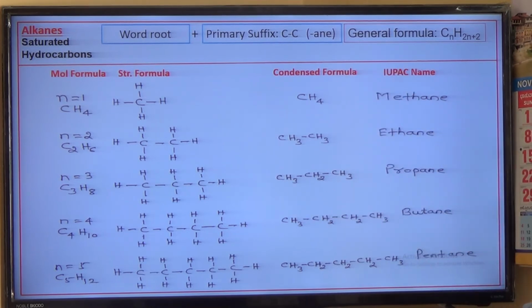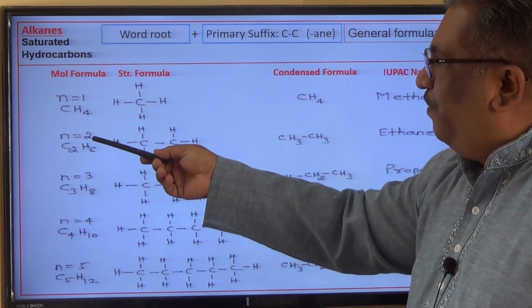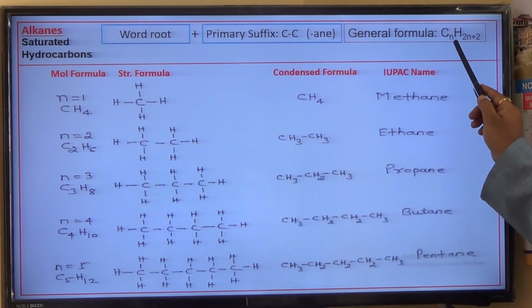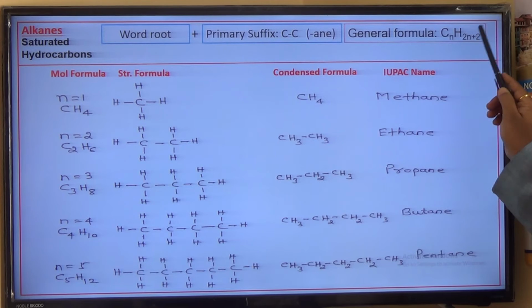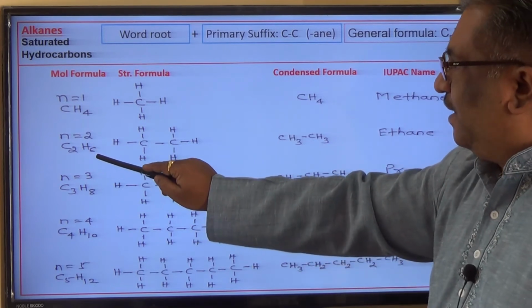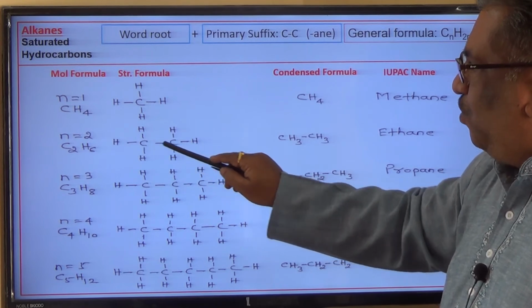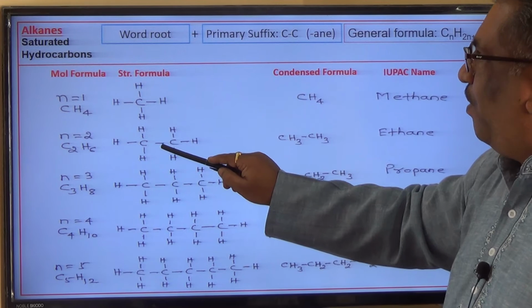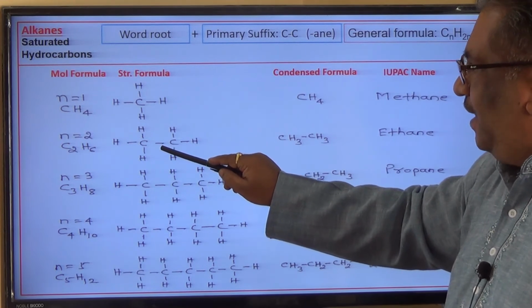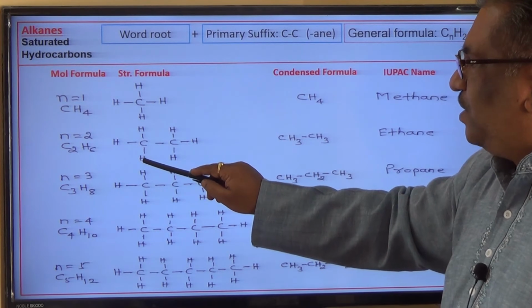Let us take the second case. n equals 2. If n equals 2, what is the general formula here? 2 into 2 is 4, plus 2 is 6, C2H6. This is the structural formula. There are 2 carbon atoms. Between the carbon atoms there is a single bond because we are talking about alkanes, and hydrogen is to be balanced based on the valency.